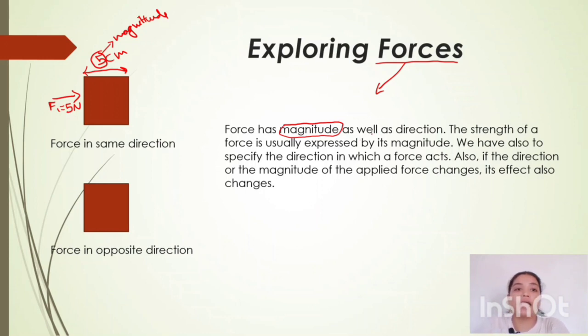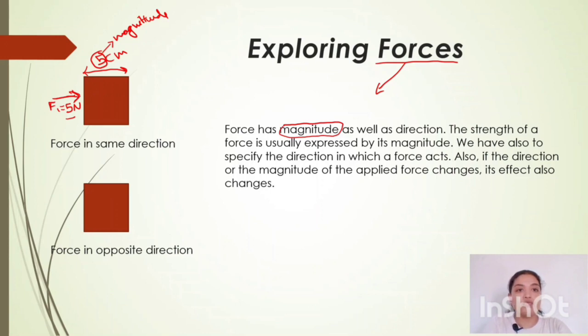But if I say that I am applying this 5 Newton force in this particular direction, now this force has magnitude as well as direction. So force is a vector quantity which has magnitude as well as direction. For example, here I have two blocks.